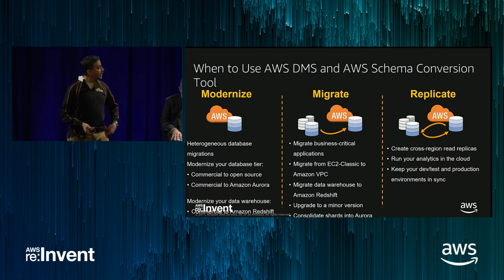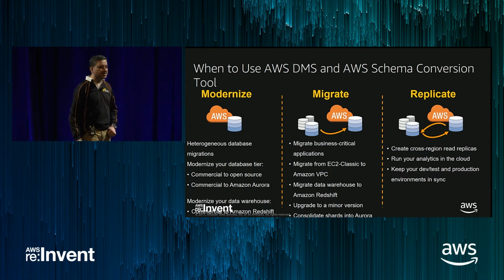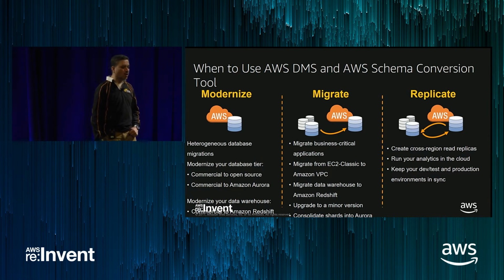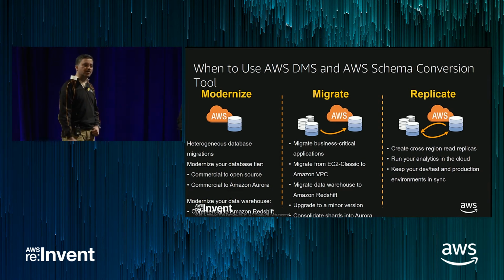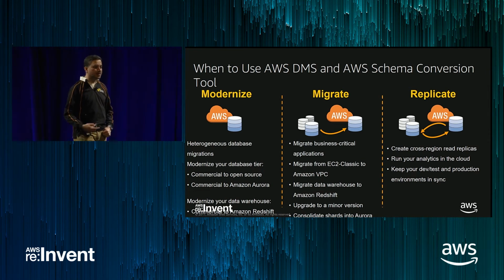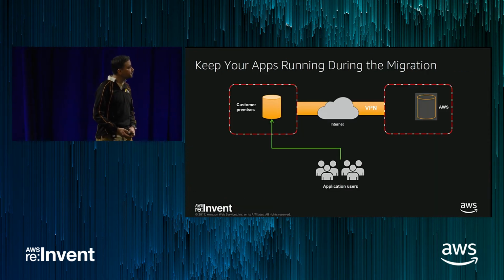Some of the capabilities around DMS and the Schema Conversion Tool are essentially to modernize and migrate. Whether you are trying to move a heterogeneous database, different database engines, or even migrate across different data warehouse architectures, you can use DMS there as well.